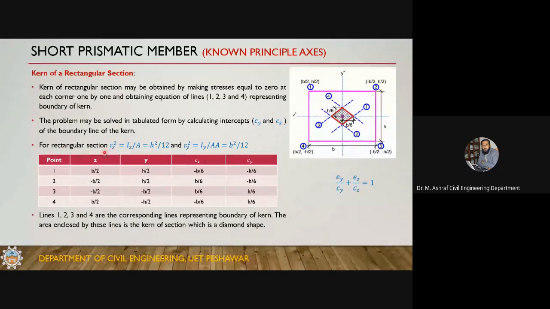For the rectangular section, the square of the radius of gyration RZ squared is IZ by A, which is equal to H squared by 12. And RY squared is B squared by 12.